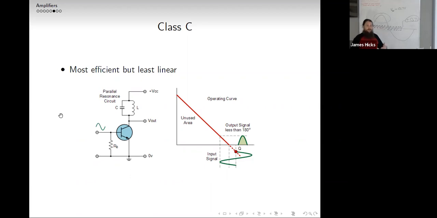That way it kind of gives it another boost. Drawback to the Class C is that they're very non-linear, so they can suffer from a lot of distortion. So you would use this for a high frequency amplifier, not for audio.